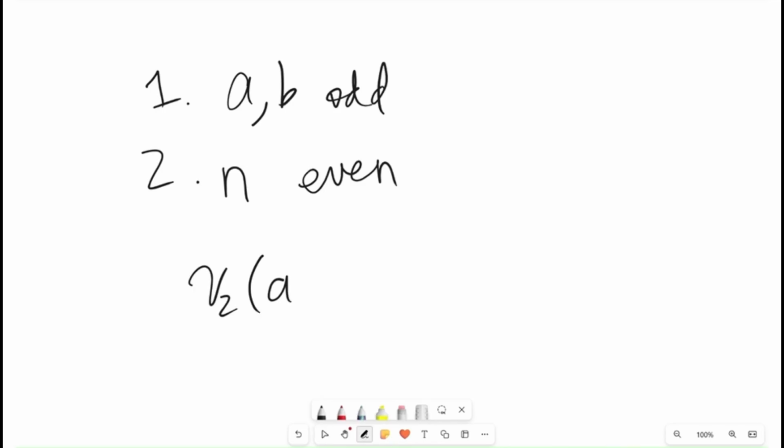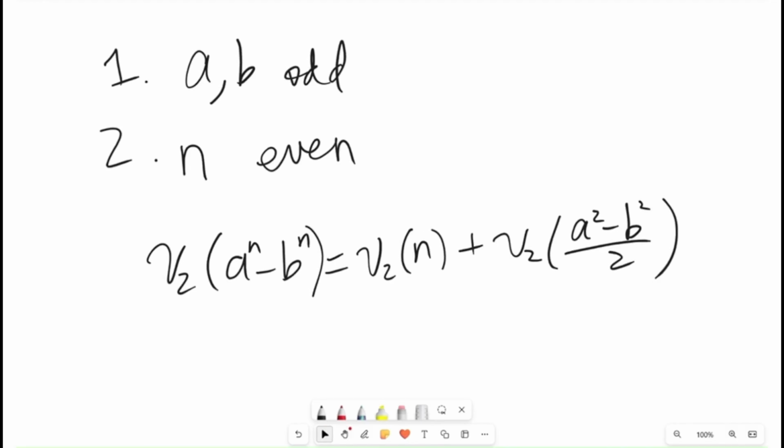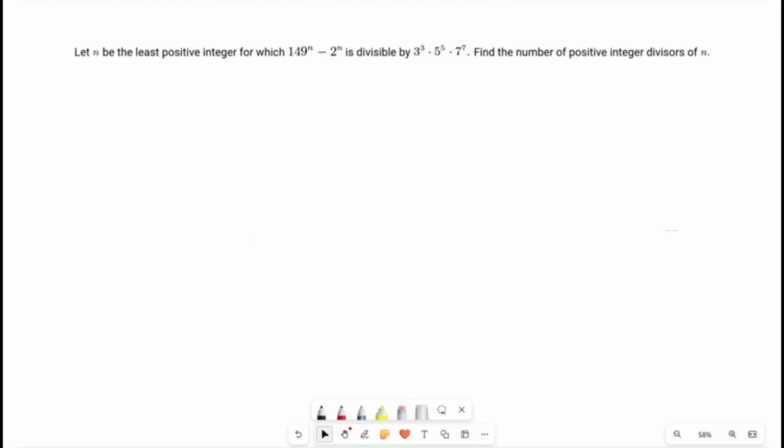V2 of A to the power of n minus B to the power of n is equal to V2 of n, just like the previous one, except we have the second term being V2 of A squared minus B squared all over 2. And so this is the second version of the lifting the exponent lemma, and it's still pretty interesting, but it's just a tiny bit harder to remember, so make sure that you take your time.